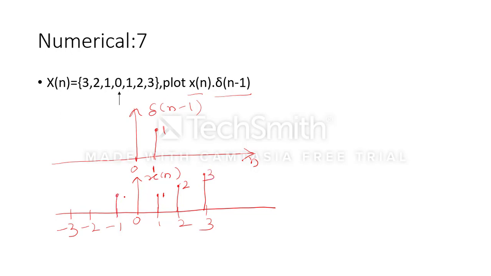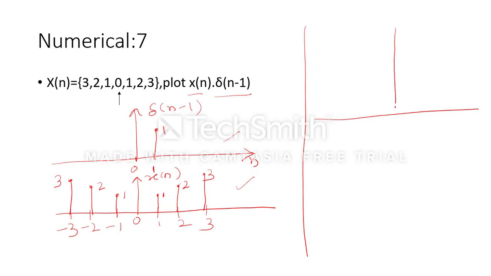Again at minus 1 it is 1 magnitude, at minus 2 it is 2 magnitude, at minus 3 it is 3 magnitude. If we multiply these two signals, we will find that in the final answer the sample will be present at one position only, because that is the only position where the sample is present in both cases. So 1 into 1 will be 1. So this is my final yn.